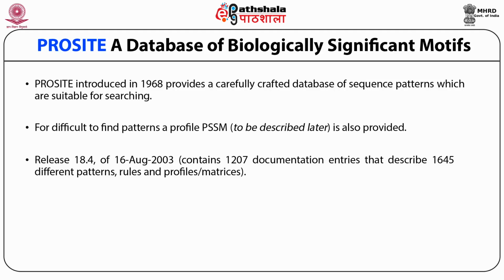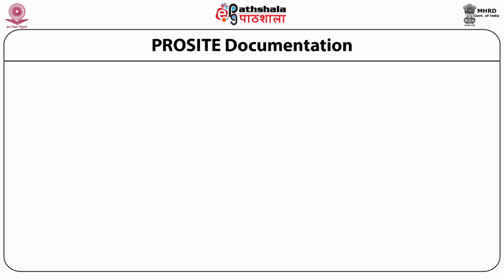Today the number is much larger. So given this database, they have made entries corresponding to a particular protein family, characterized by a particular pattern. So let us look at how those entries look.